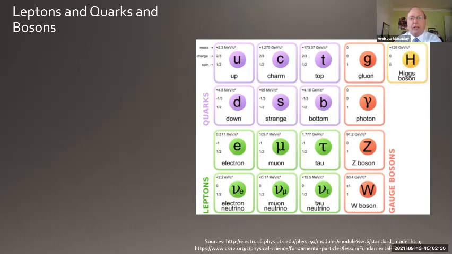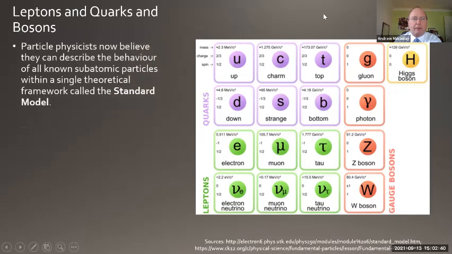We're going to have to understand a little bit about this as the standard model of matter. Particle physicists use this table to describe the behavior of all known subatomic particles. It's a theoretical framework, useful for looking well within the atom, and all of these are fundamental particles, although the word particle is probably used in inverted commas.